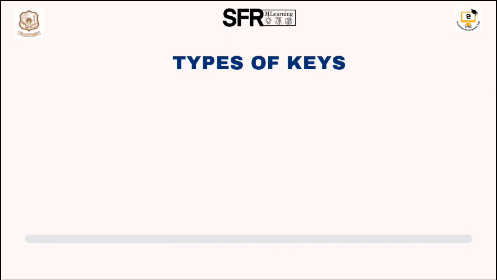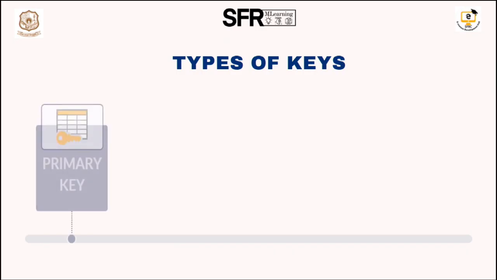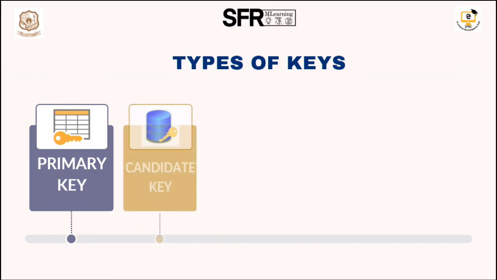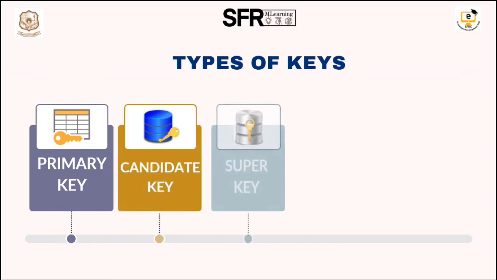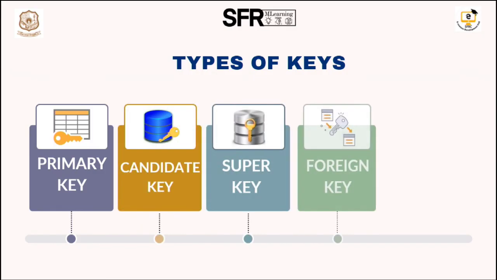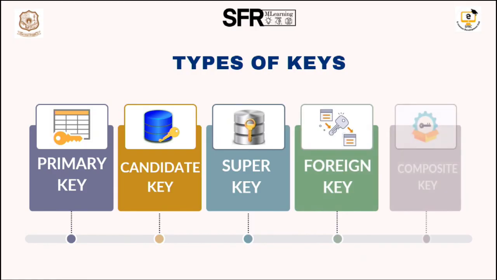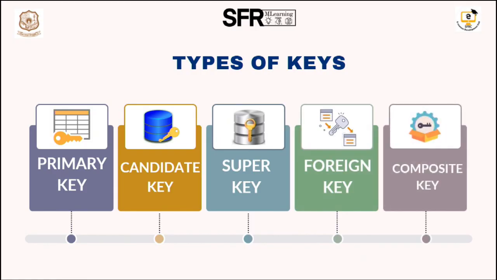Next, types of keys. We are having 5 different types of keys. The first one is primary key, the second one is candidate key, the next one is super key, the fourth one is the foreign key, and the final one is the composite key. Let's see them one by one. Primary key: a primary key uniquely identifies each tuple in a relation. It must contain unique values and cannot have null values.